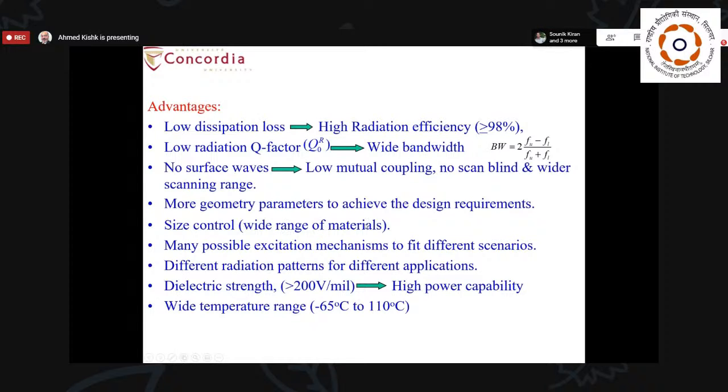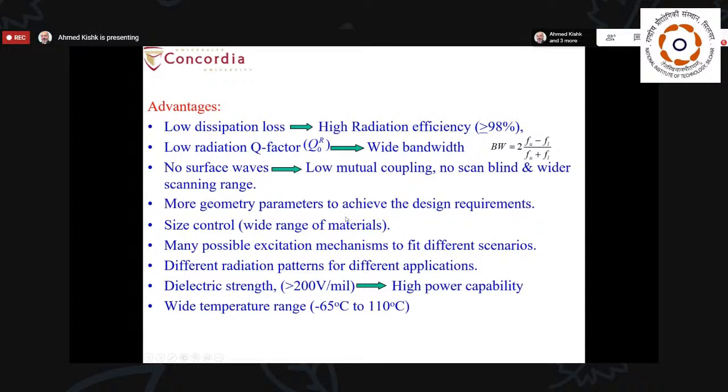And its size is controlled with a wide range of materials, as we can see, available in the market, a very wide range of dielectric constant. Unlike microstrip and printed circuit antennas, where it is limited from about 2 to about 10, and between these, it is around 2, 4, 6, and 10.